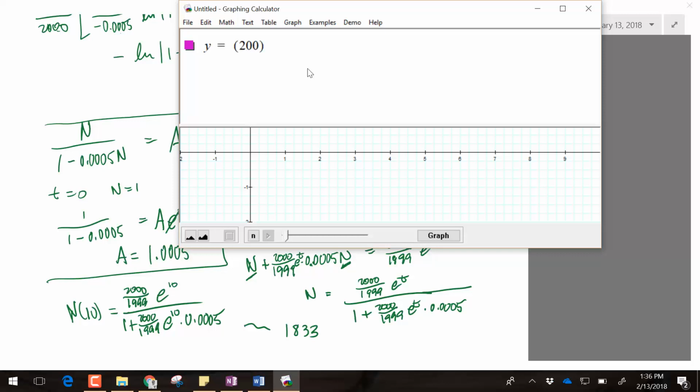We have the first one is 2,000 divided by 1999 e to the t power to the x, one plus... Somebody suggested that we take this to the negative first power.